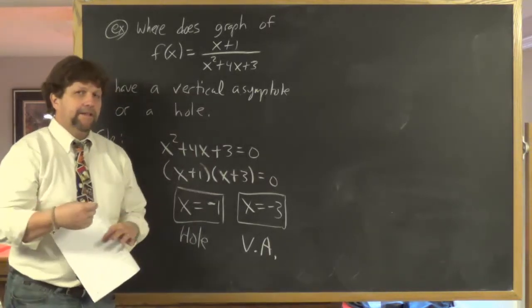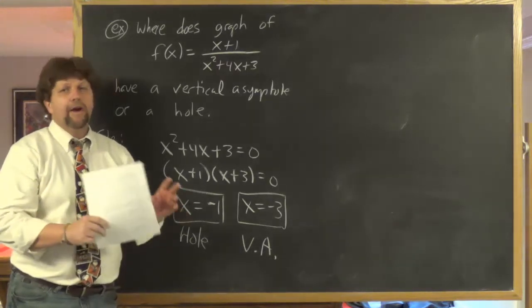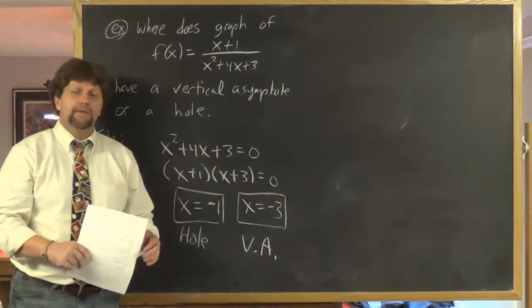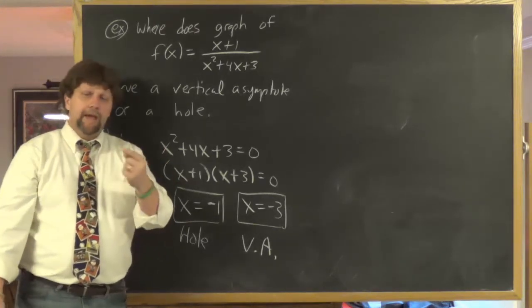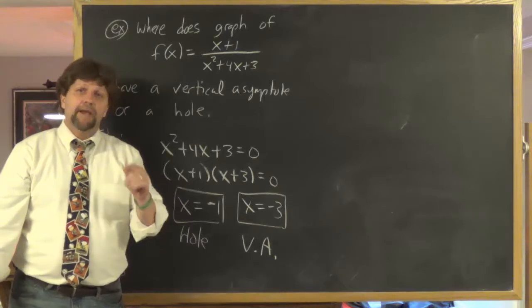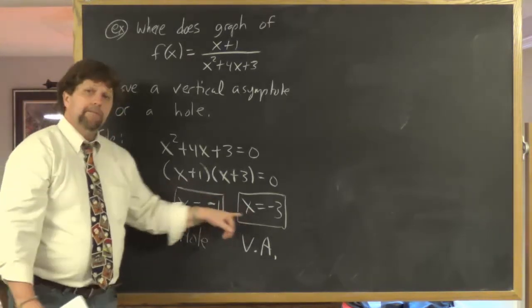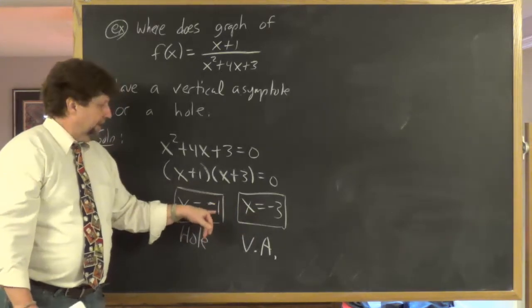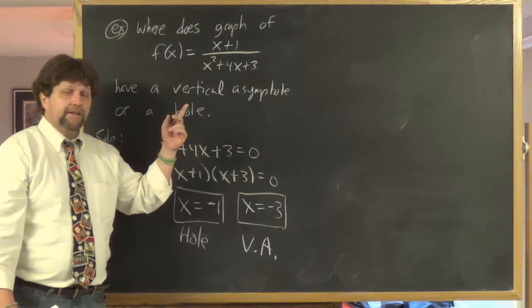So maybe you have to write this down to kind of summarize it. The process, classifying whether or not you have a hole in the graph or a vertical asymptote. The first thing is you're basically finding the domain. So that means you're going to find the values of x that make the denominator 0. For those values of x that make the denominator 0, take the value, toss it into the numerator for x.